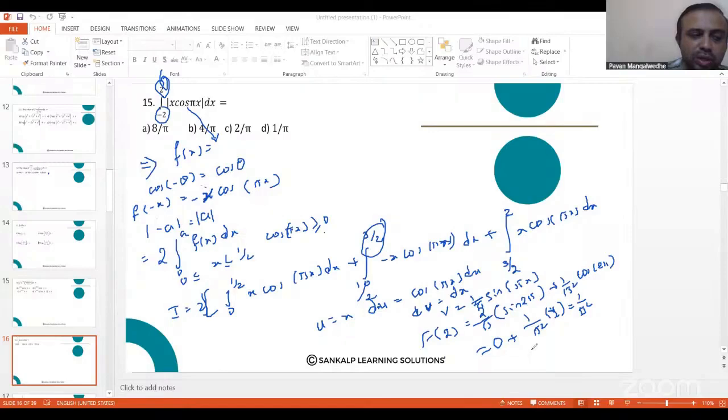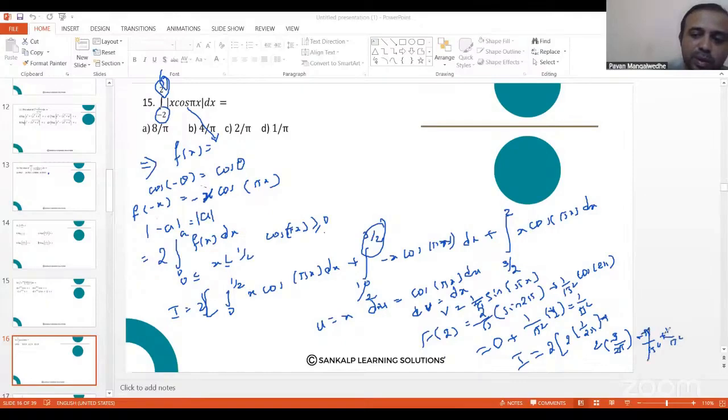After substituting f of 2 as 1 by pi square, I is equal to 2 into 2 upon 1 by 2 pi minus 2 into minus 3 by 2 pi, minus 1 by pi square plus 1 by pi square.